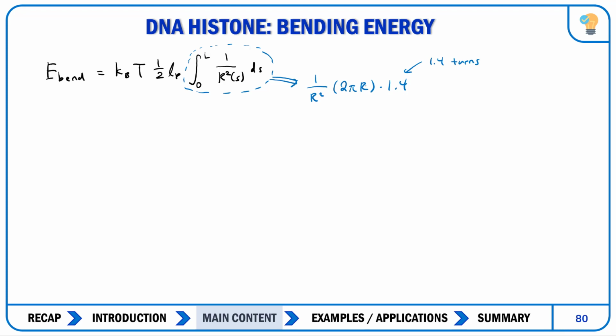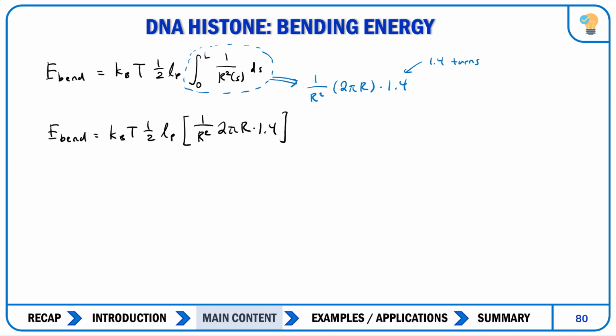So that means we can rewrite our equation as E bend is equal to kBT 1/2 LP times 1 over r squared 2 pi R times 1.4.